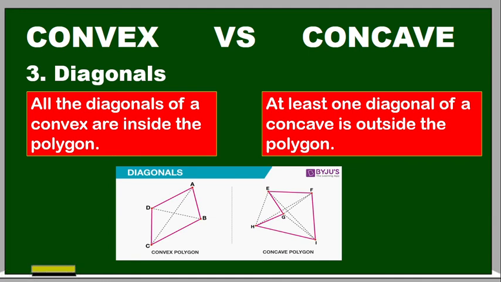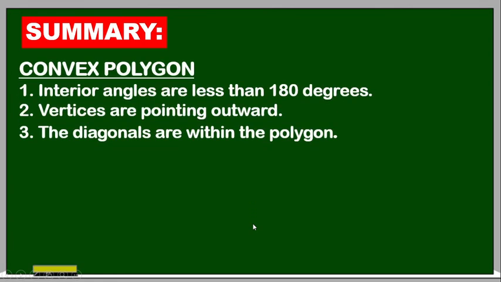Okay? For further explanation, when we say convex polygon with regards to its diagonal, the diagonals are located inside. Okay? So, we have the keyword inside. And for concave, one of the diagonals should be outside of the polygon. Okay? To sum up, when we say convex polygon, interior angles are less than 180 degrees.